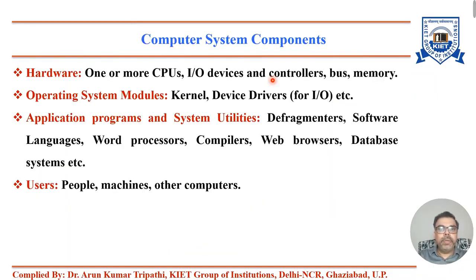The hardware may be CPUs, that means the processor, input-output devices, controllers, bus, memory, etc. The operating system contains a number of modules such as the kernel, device drivers, etc. Kernel is the most important part of the operating system that is brought into the main memory as the system starts and remains until the system is shut down.